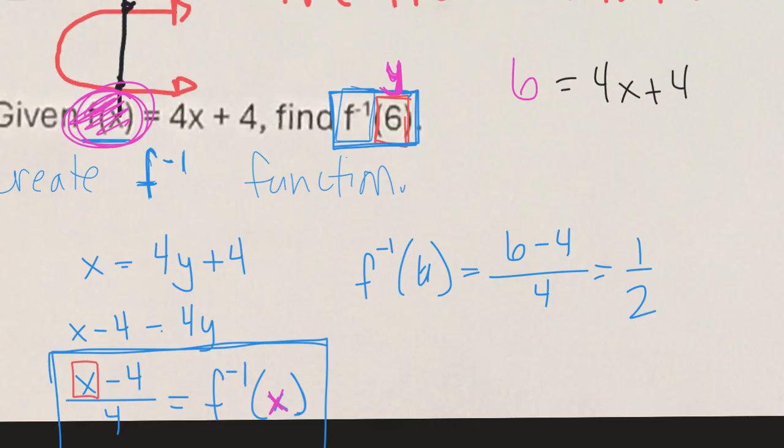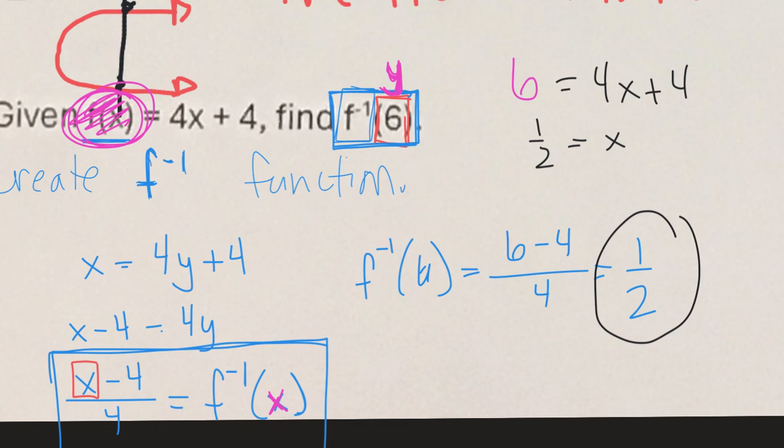So if it's too hard to find the inverse function to plug it in, then you need to know this is a y value in your original function. In your inverse, it's an x, but in your original, it's a y. Because to find an inverse, you switch your x and your y. So this is a y value for my original function, and if you solve this for x, you get x equals 1/2, which is the same as when you solved it down here.